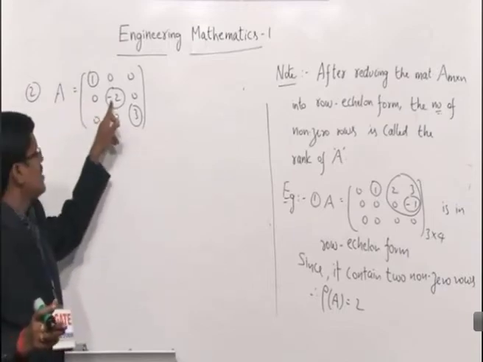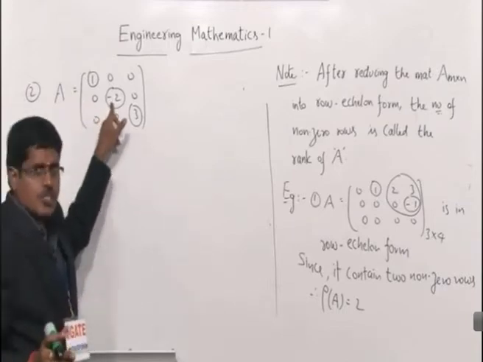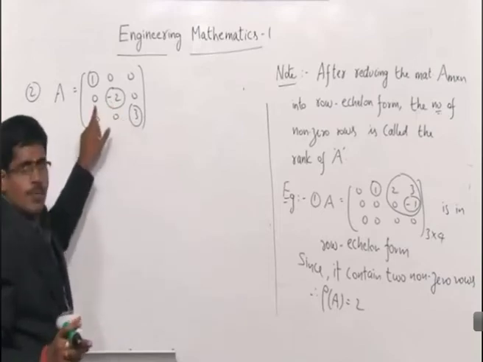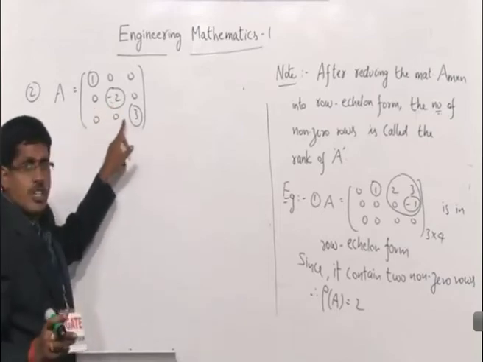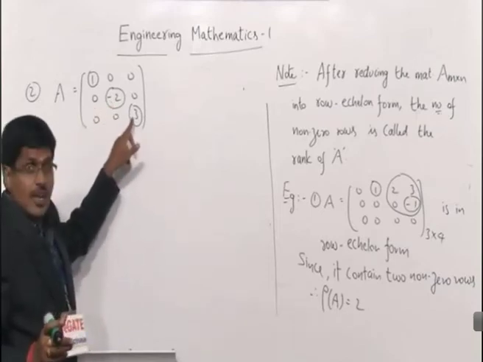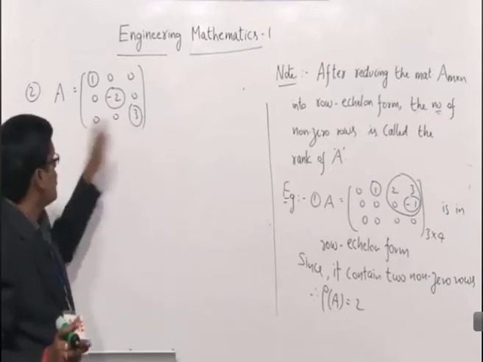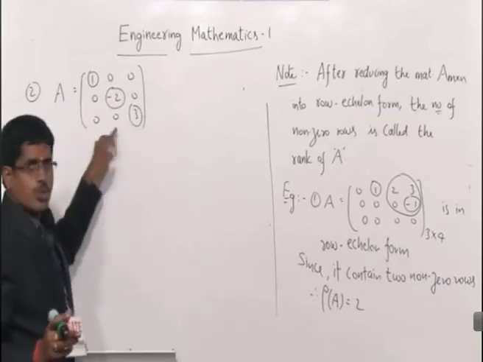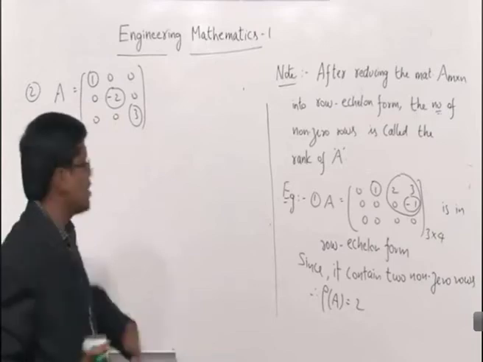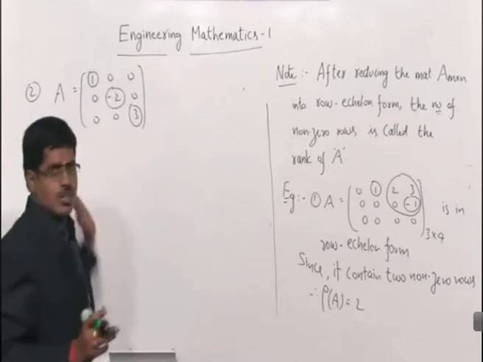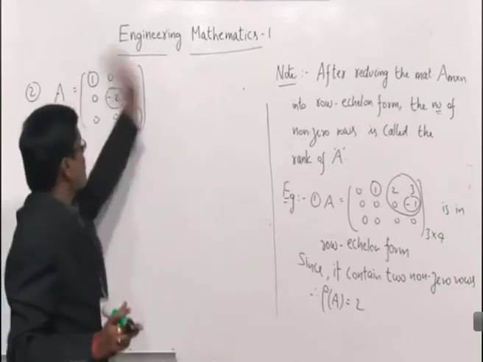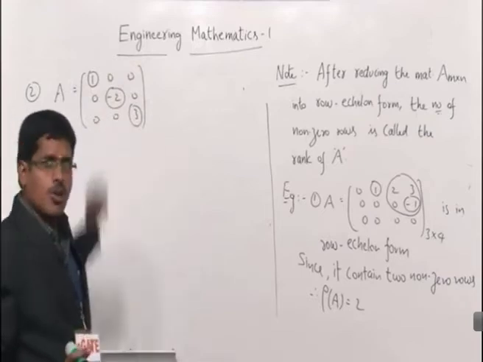The number of zeros before -2, the first non-zero element in the second row, is 1. The number of zeros before the first non-zero element 3 in the third row is 2. So here 1, here 2, that is, zeros increase row by row, that means the elements below the diagonal are zeros, and in the same way the elements above the diagonal are also 0.